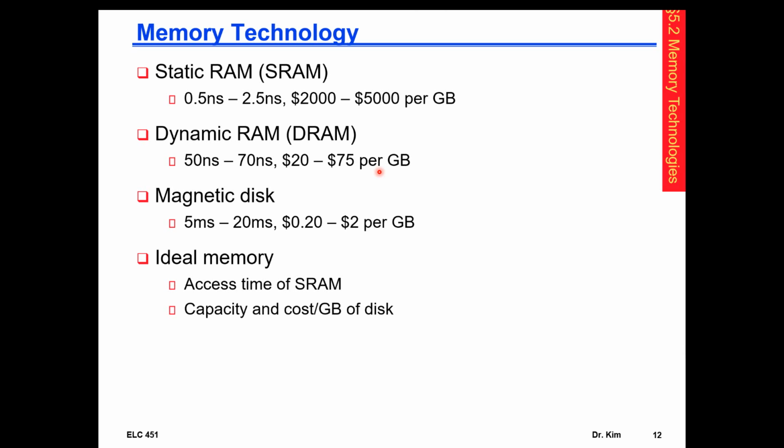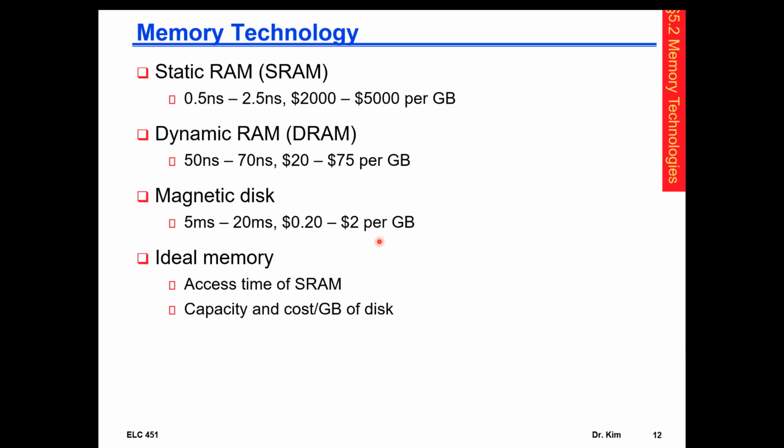And then, if you look at magnetic disks, the access time, which we're going to see what the components of that are, just for fun, you would see that they were in the 5 to 20 millisecond access time, but you would be looking at paying 20 cents to $2 per gigabyte.